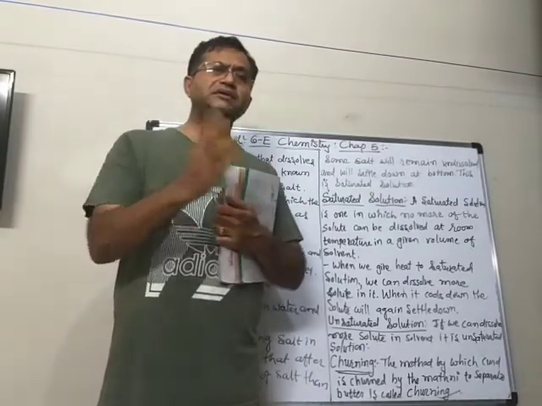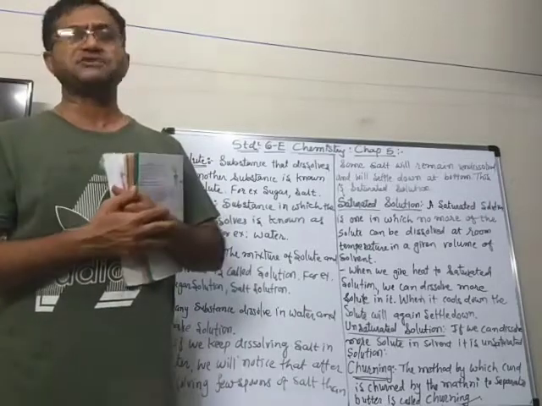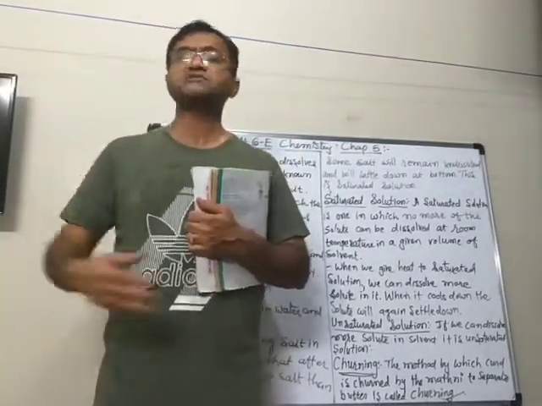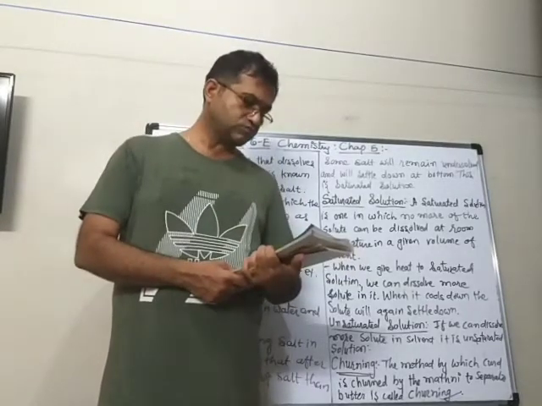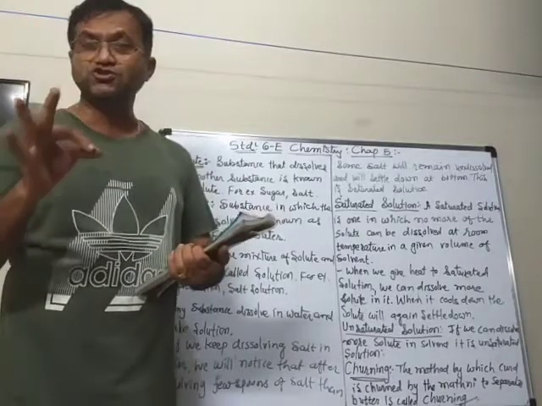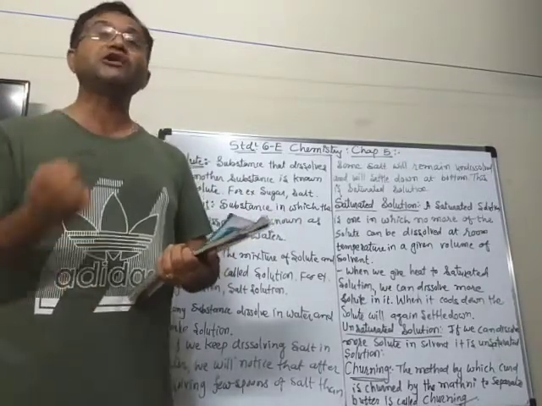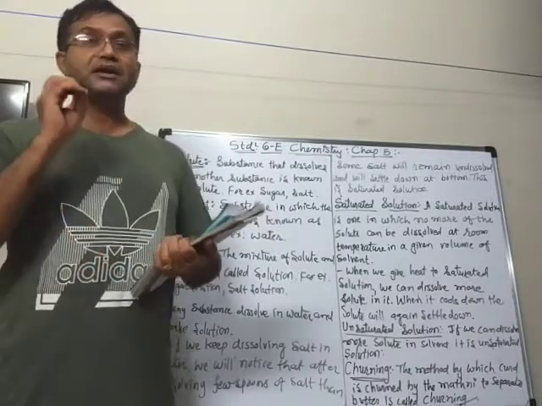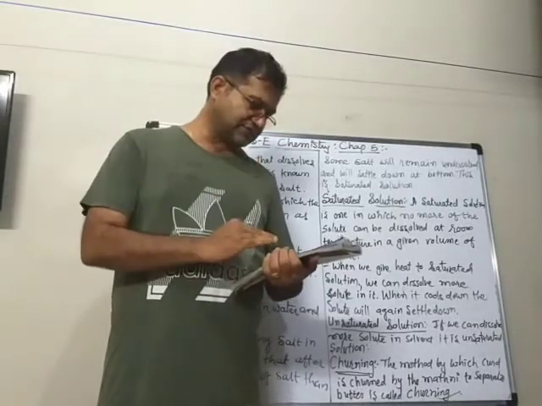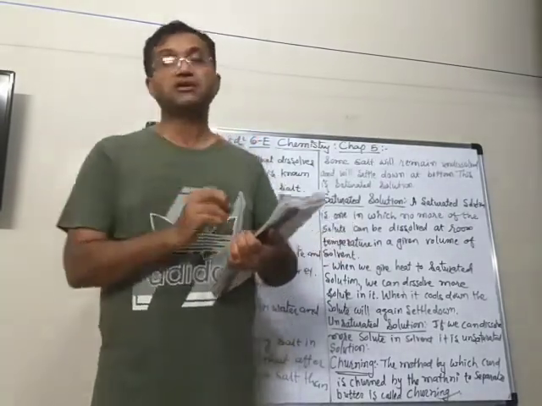Every different solute can have a different capacity, so we cannot predict that all will have the same capacity. Now, as I told you, a solution is said to be saturated when it cannot dissolve more solute in it. Otherwise, it is known as unsaturated solution.